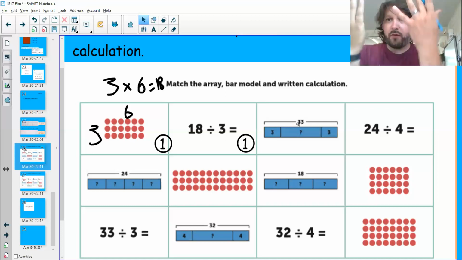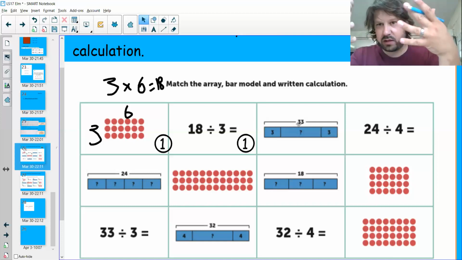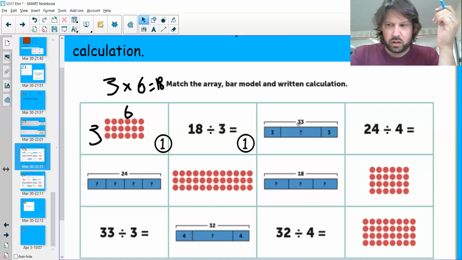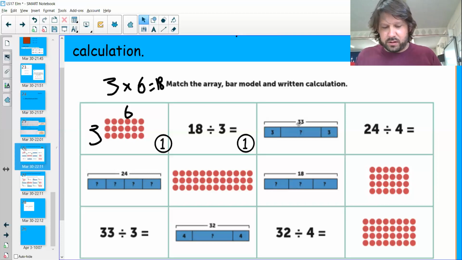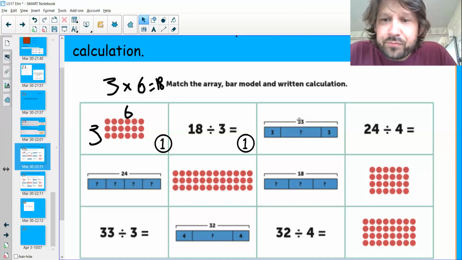So we can get our fingers out, although I don't have 33 fingers, you might have. We could get the trusty apparatus out and count out 33 and divide them into 3 groups. Or we could know our 11 times table and know that 11 times 3 is 33. Therefore, 3 times 11 is 33. Therefore, 33 divided by 3 is 11, and 33 divided by 11 is 3. So this missing number is going to be 11.